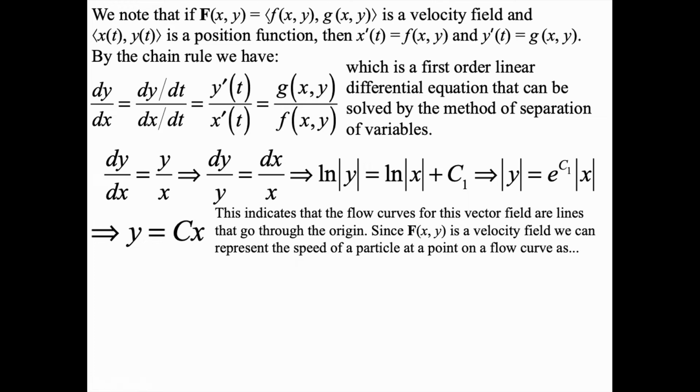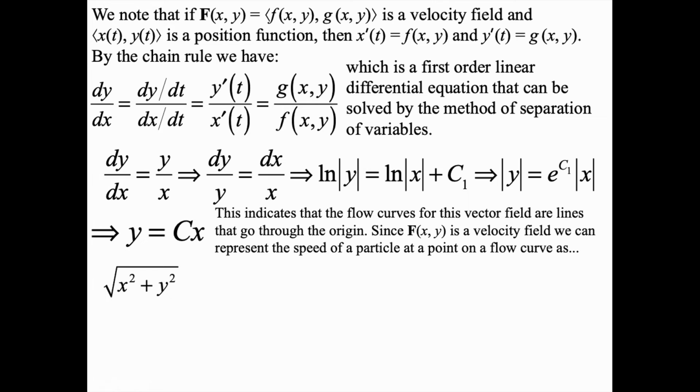So since big F(x,y) is a velocity field, we can represent the speed of a particle at a point. We know that speed is the magnitude of the velocity, or the norm of velocity. So if the velocity was (x,y), then the speed would be the square root of x squared plus y squared, taking the norm of the original vector-valued function I gave, which was (x,y).